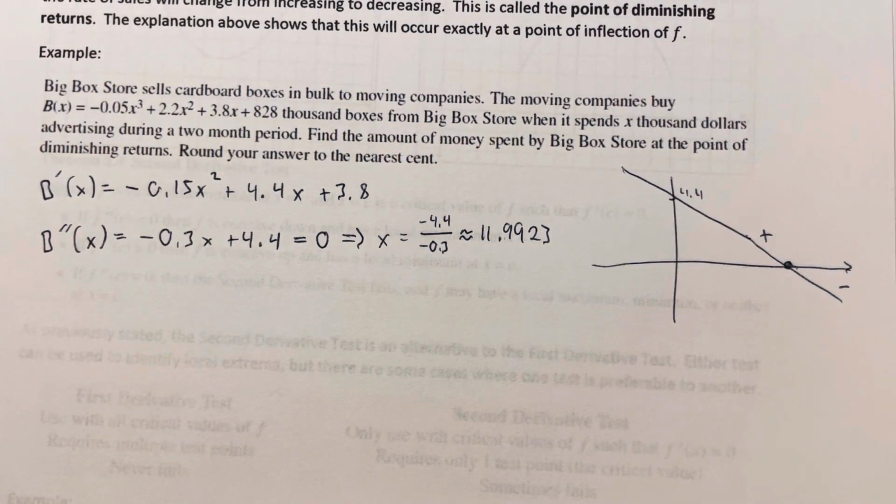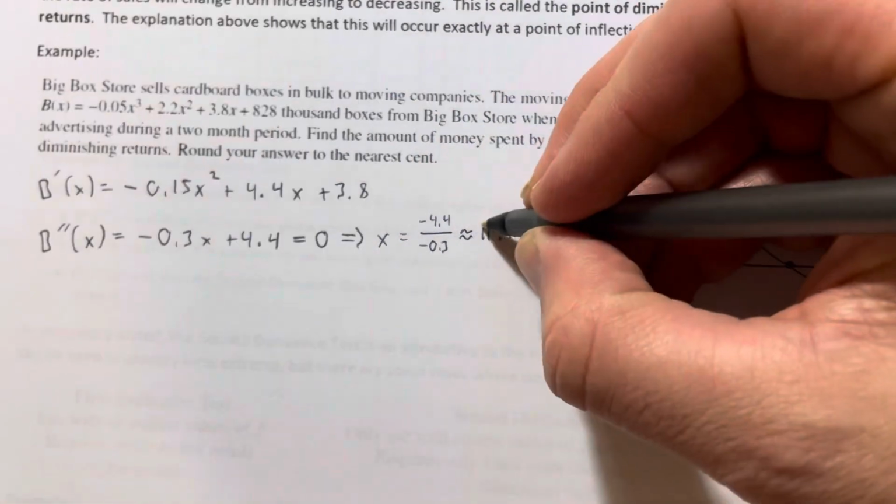I'm actually going to double check my math here just to make sure I got that correct, because I did not do this one ahead of time. So, what did I say? 4.4 divided by 0.3. Oh, nope, that's actually incorrect. It's not that.